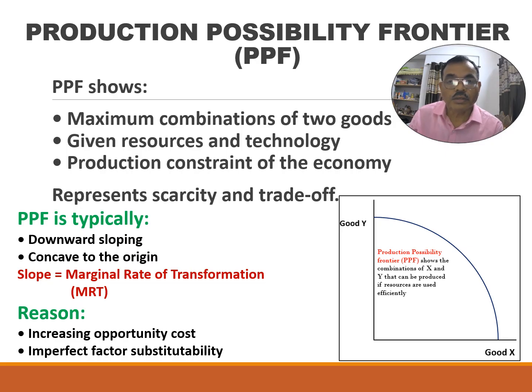Because production of more of one good requires sacrificing the other. And why concave? Because of increasing opportunity cost. Resources are not perfectly adaptable.